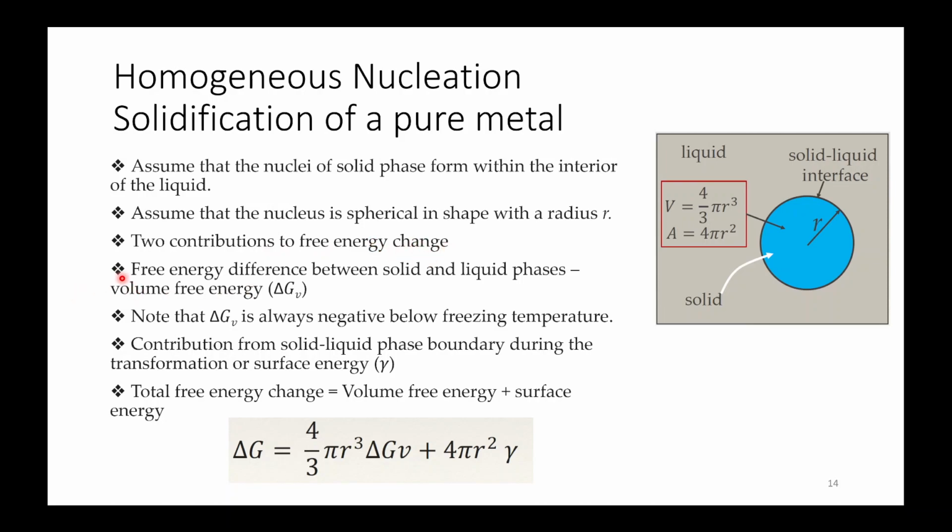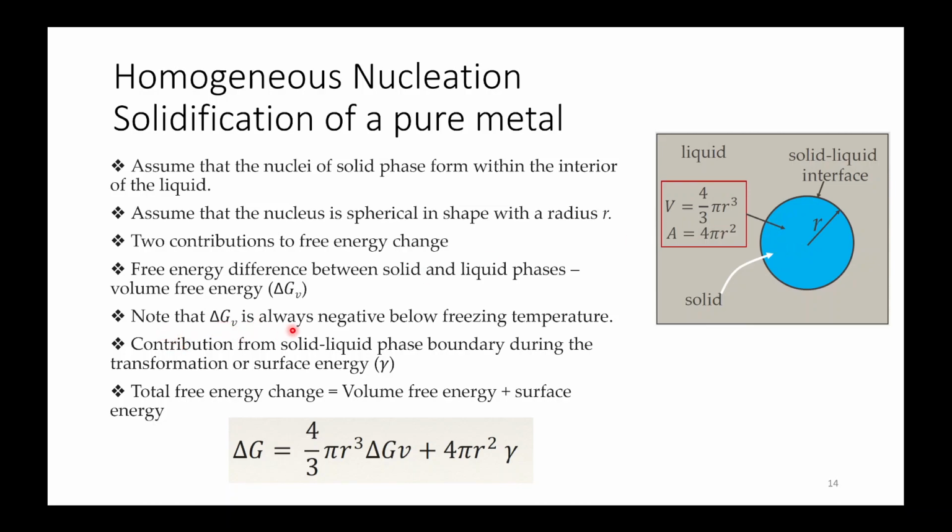The free energy difference between solid and liquid phase, the volume free energy, that difference will be your driving force. It will be helping the formation of this sphere, while the other is your surface energy, which will be preventing the formation of the sphere and its growth.